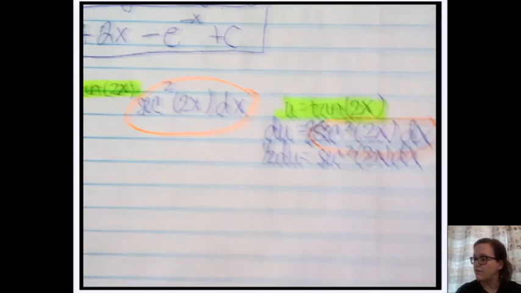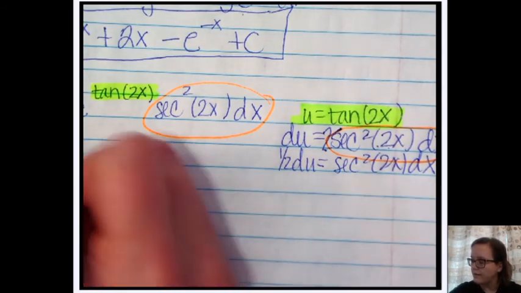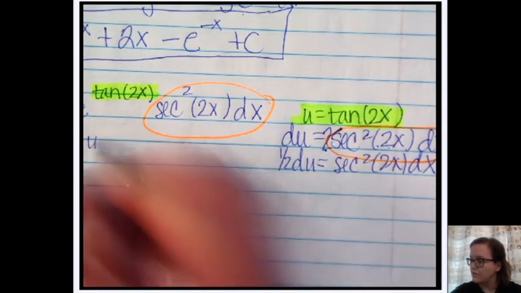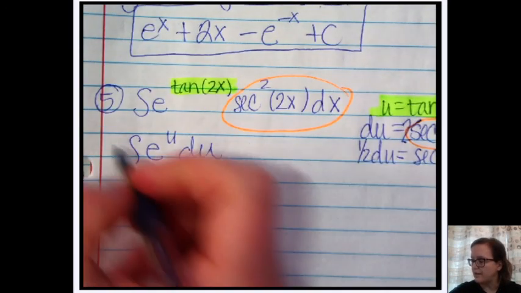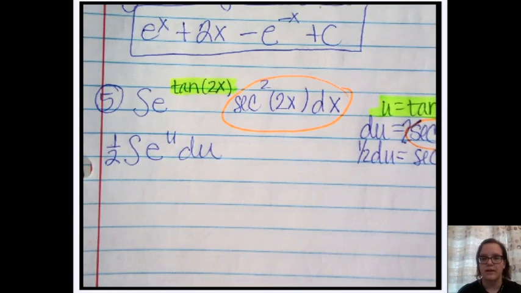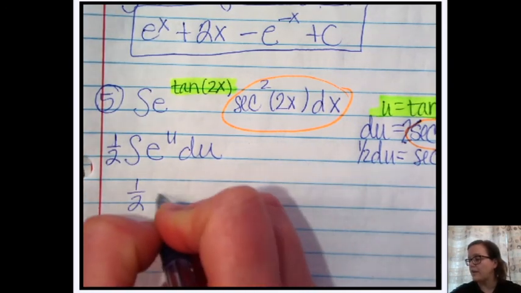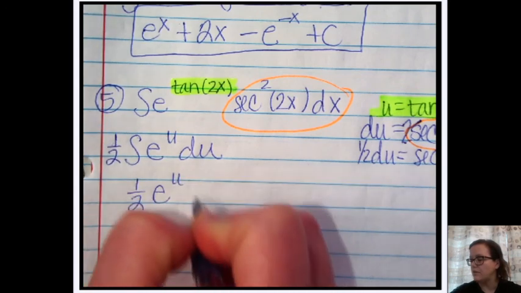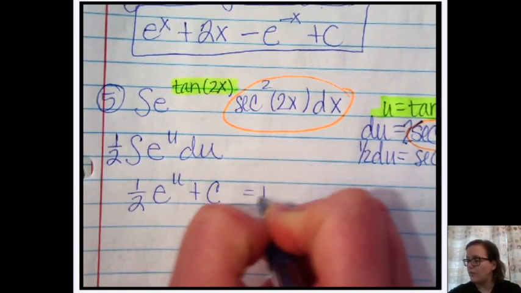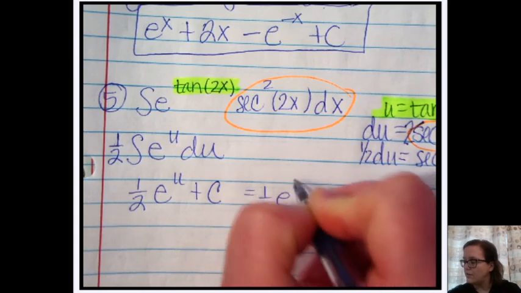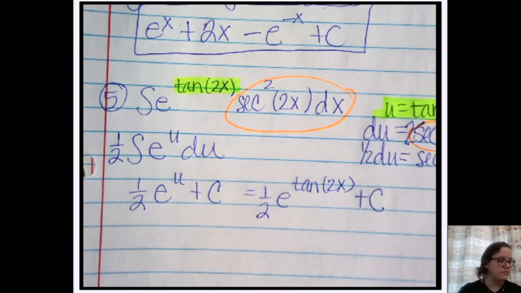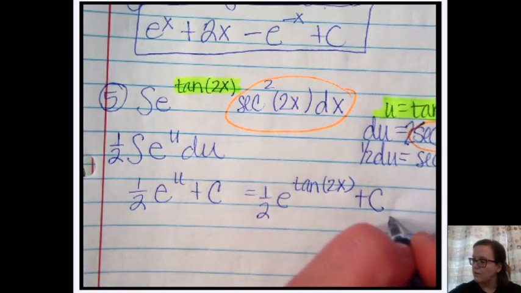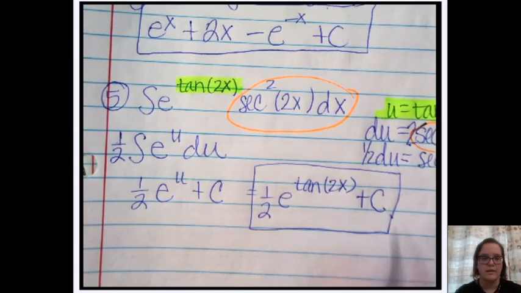And so I can now rewrite this as 1/2 times the integral of e to the u du. And so then this is a problem we know how to take care of. This is just 1/2 e to the u plus c. So we get 1/2 e to the tangent of 2x plus c. And we are through with that.